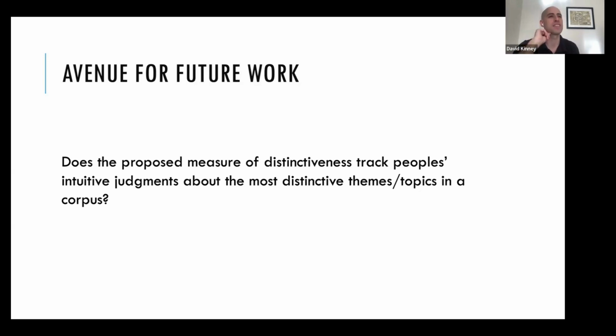Is there some way of getting empirical validation for this idea of distinctiveness? And then, as an entry point into the broader question of to what extent these stochastic block models match people's intuitive understanding, both of the topical structure of a corpus and in particular the hierarchical relationships between topics in a corpus, right?